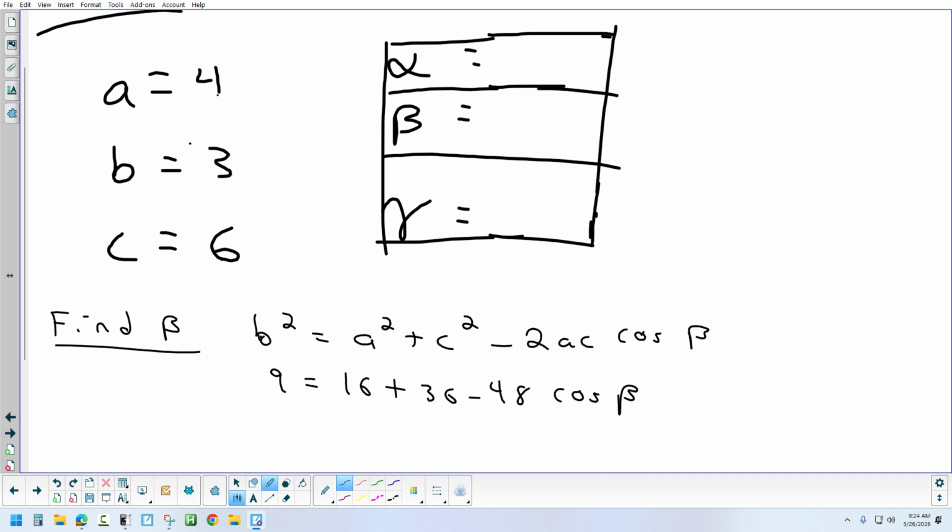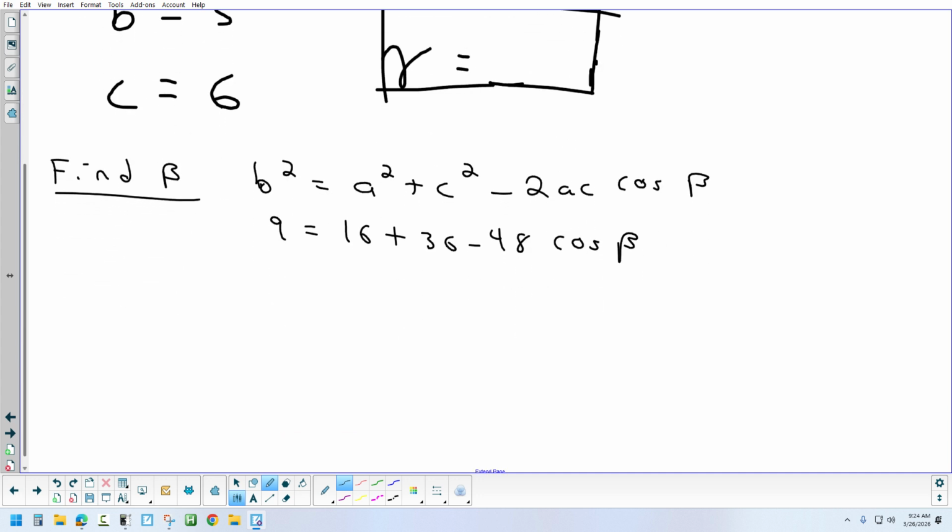Already a lot nicer looking equation numbers-wise than we had last time. Okay, next thing that I can do on the right-hand side? Add 16 and 36. Yep, add 16 and 36. And what does 16 plus 36 give me? 52.